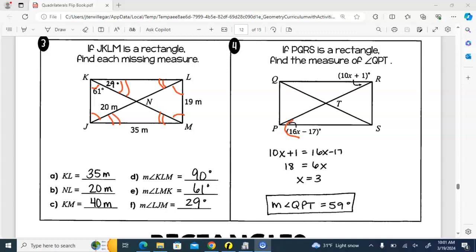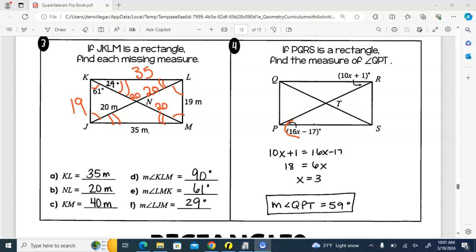Do 180 minus those to get these in the middle. And then remember for sides, my opposite ones are congruent. Okay, and if that's 20, all these pieces are 20, right? Every single piece is 20.